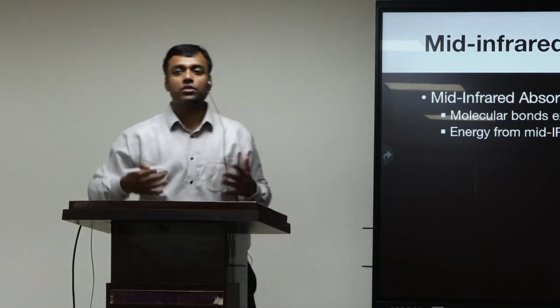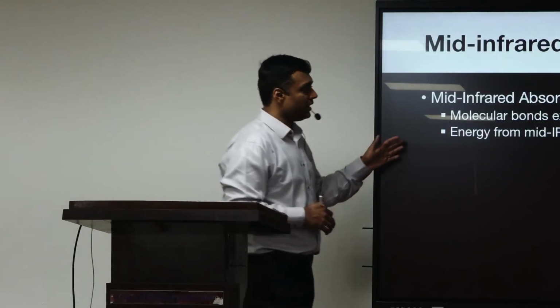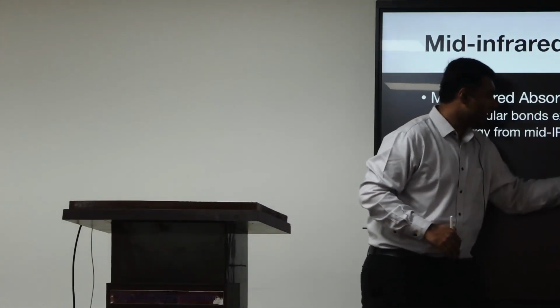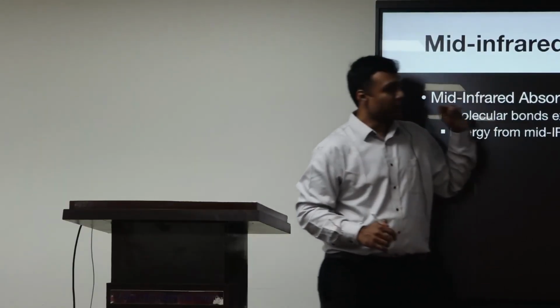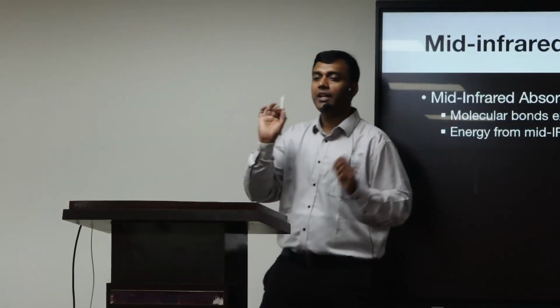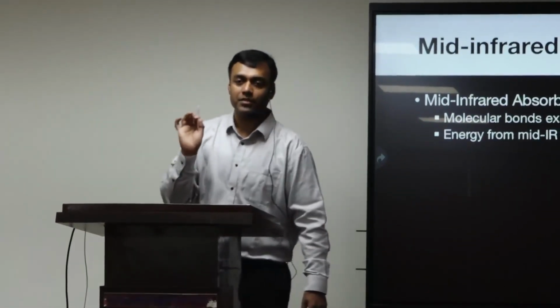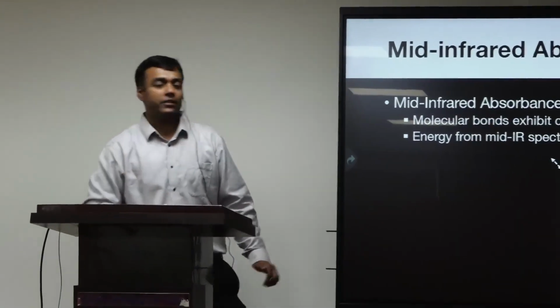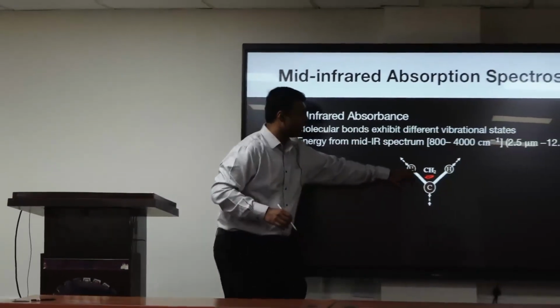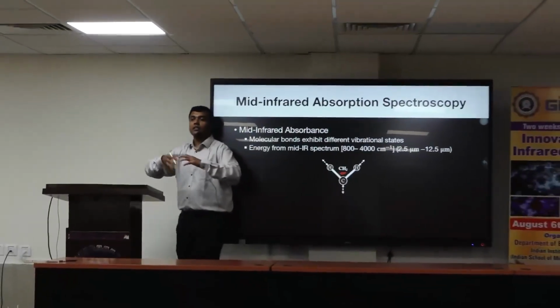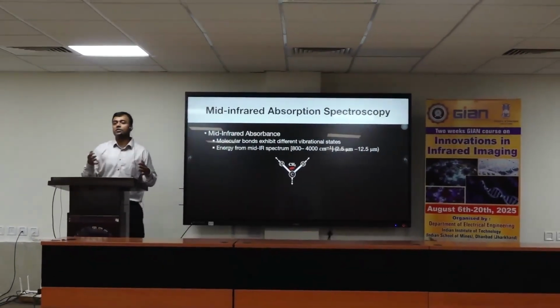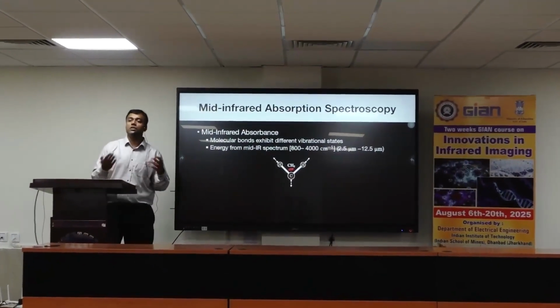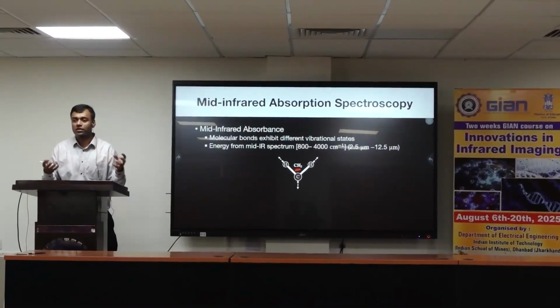The reason this is useful is that one set of bonds has one or a few peaks at which it absorbs very specific wavelengths of light. Then instead of CH, you have CO, carbon-oxygen, or nitrogen-hydrogen, or carbon-nitrogen. So there are different molecular bonds.